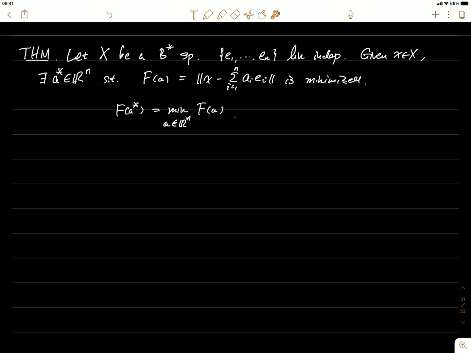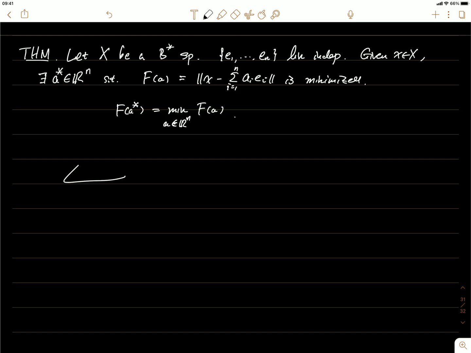And in this case, you're always able to find the minimizer, denoted by this A star.